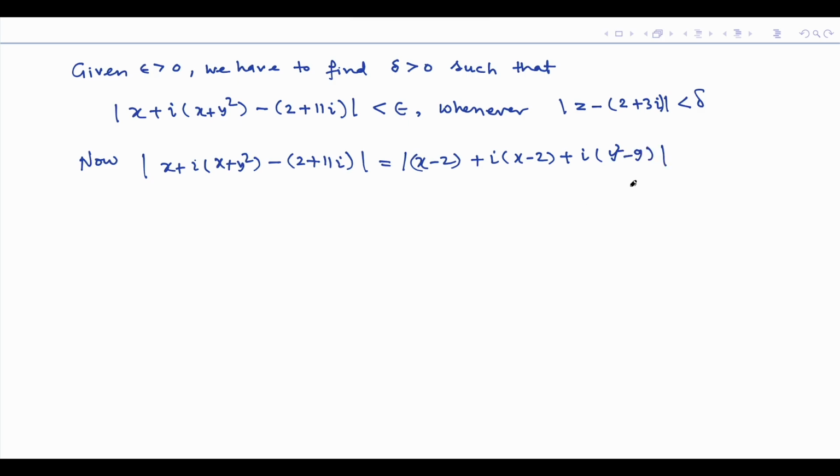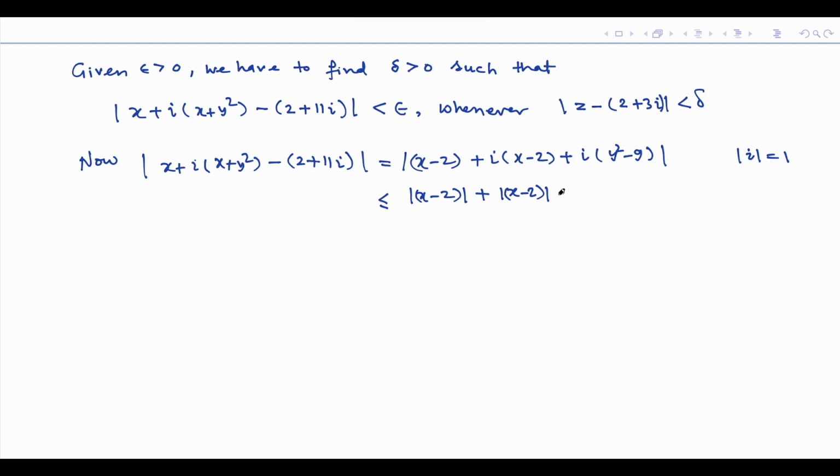I'm adjusting the terms, and which is less than or equal to, using triangular inequality, mod of x minus 2, right, plus mod of x minus 2, and mod of I is 1.